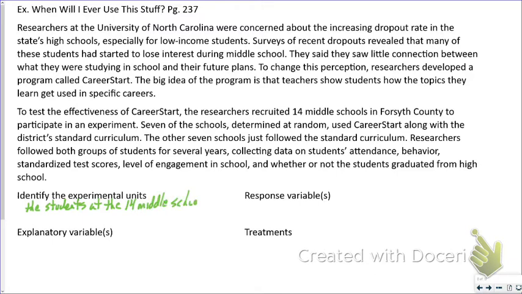Some people have a hard time with that and they want it to be 7. But all 14 middle schools were part of the experiment. So even though 7 of them just got the standard curriculum, those students at the 14 schools were subjects, did receive something, even though part of it was like a baseline in Forsyth County.